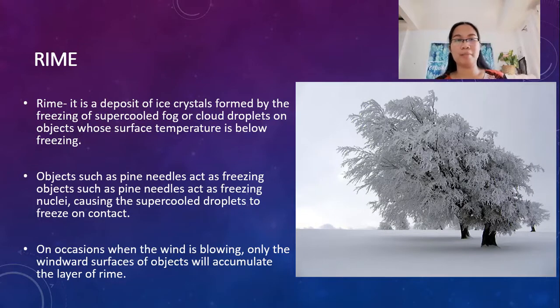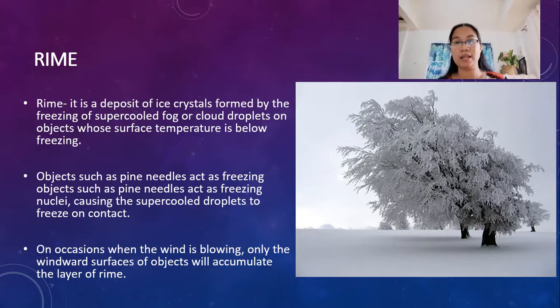Then we have rime. Rime is a deposit of ice crystals formed by the freezing of supercooled fog. If you have fog, then it becomes supercooled, or cloud droplets on objects, then the surface temperature is below freezing. If, for example, the surrounding temperature is below freezing, and then you have a supercooled fog, then it will start to form ice crystals or rime.